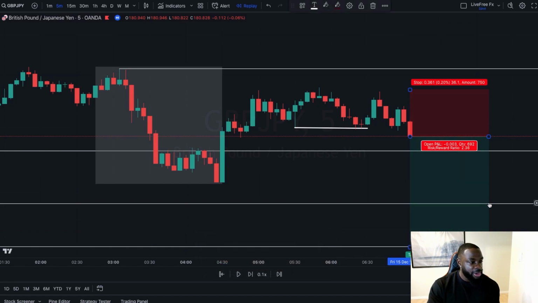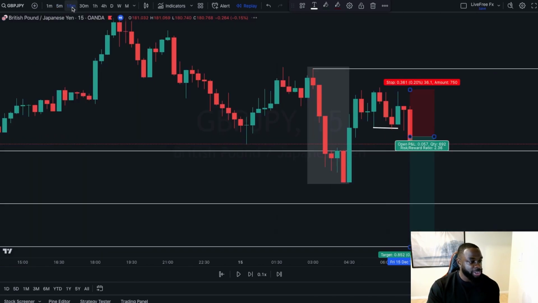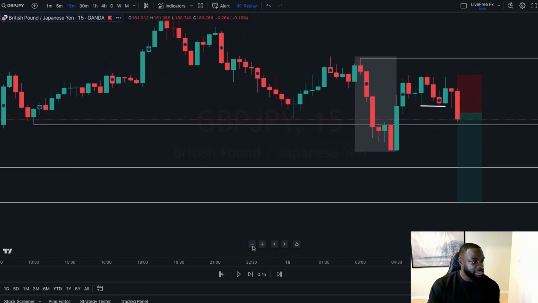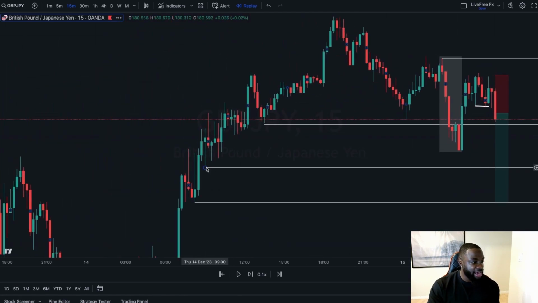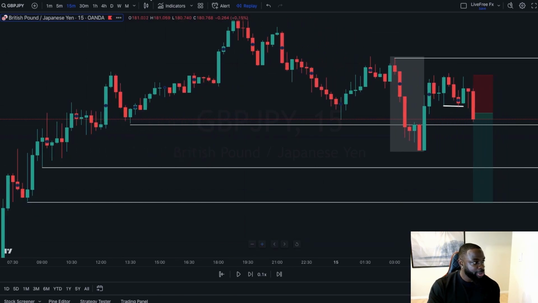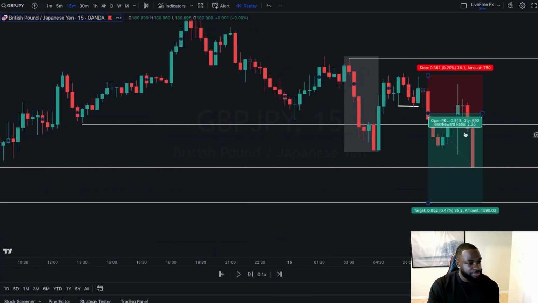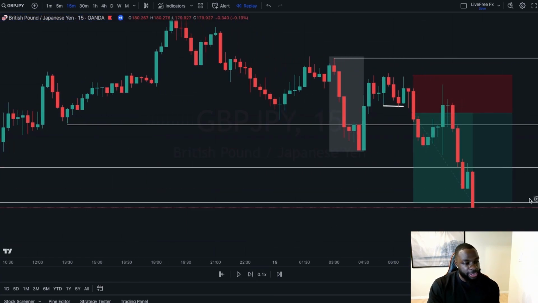So we have our first low right there that price can potentially target, especially on the 15-minute time frame. We have this low right there and we have this low right there. So let's see what happens from a price action standpoint. And ultimately, price ends up taking out this low.